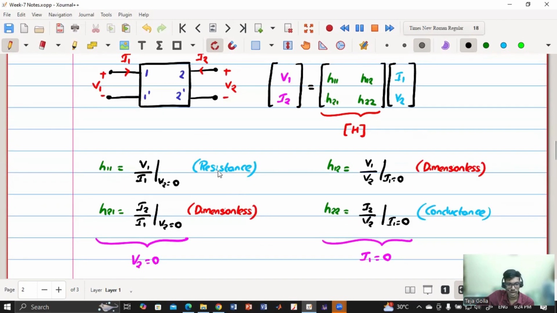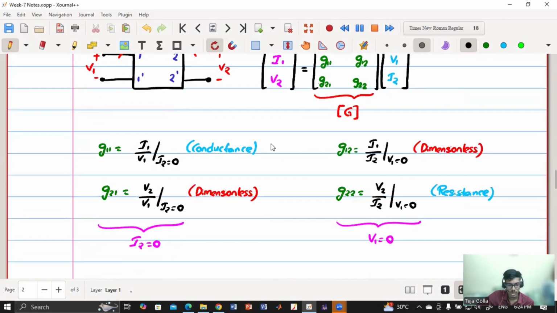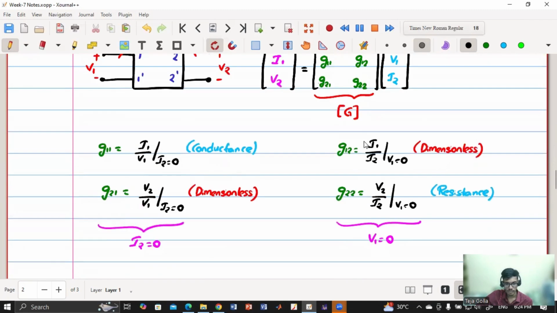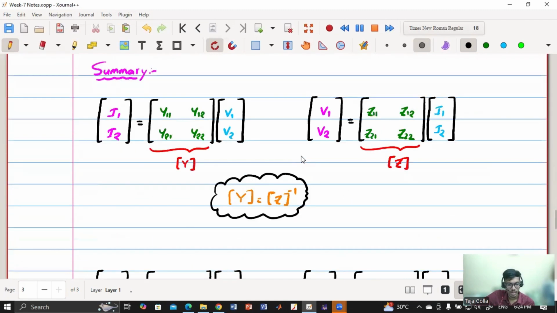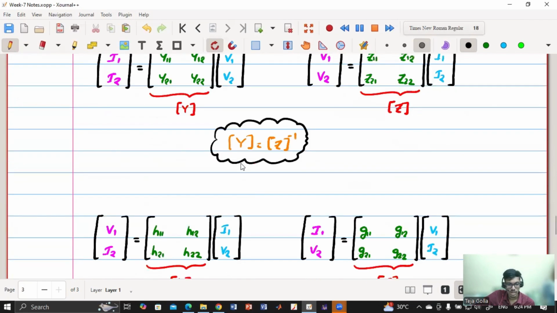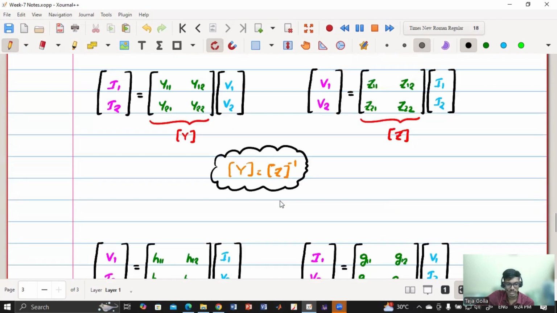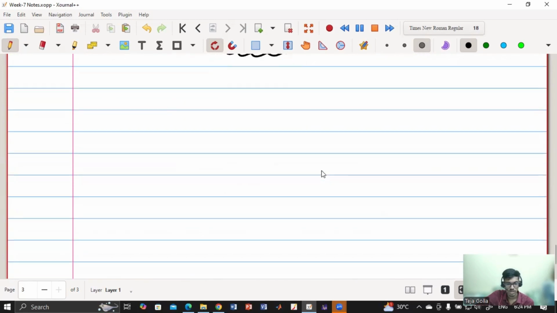So if you see here, we have resistance, here we have conductance, and here we have the ratio of voltages, and here the ratio of currents. And we can get this relationship by just taking the inverse of this matrix. So Y is Z inverse and H is G inverse.